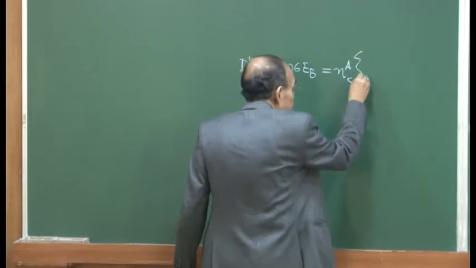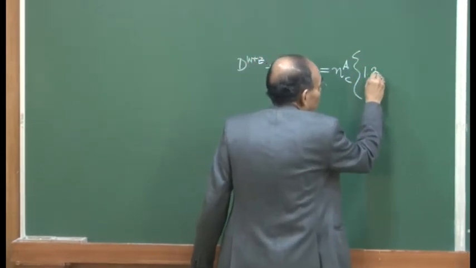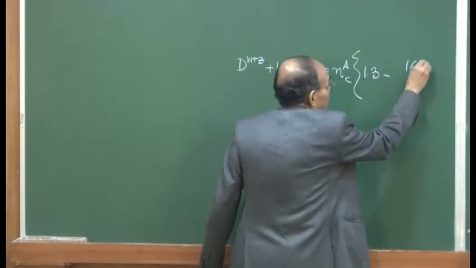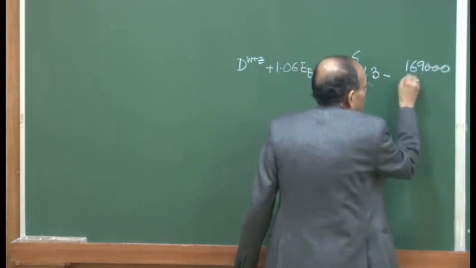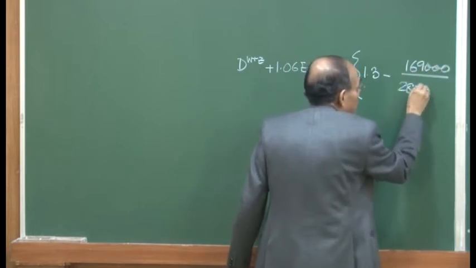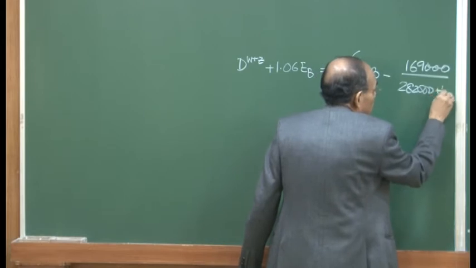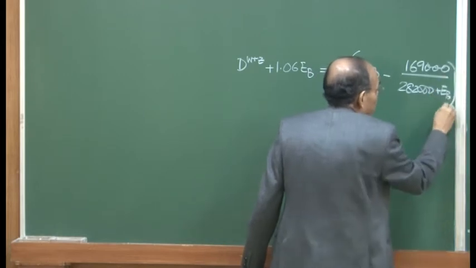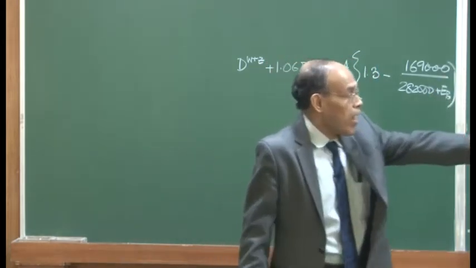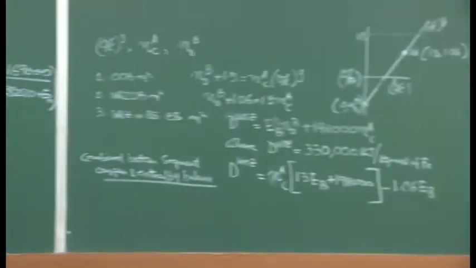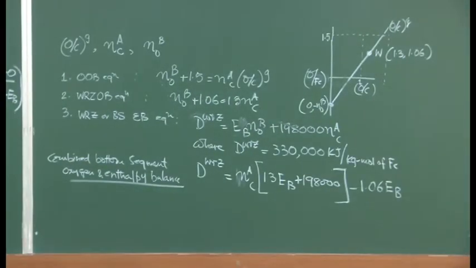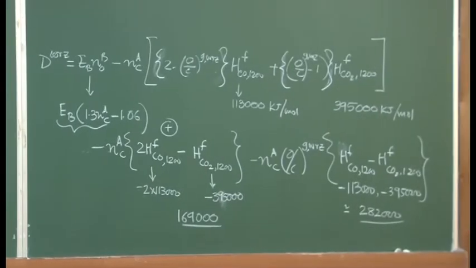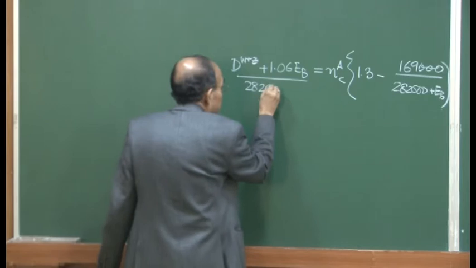If we just manipulate it, this is going to be 1.3 minus 169,000 and then 282,000 plus EB. That is a simple arithmetic exercise. Okay? I have shown where 169,000 has come from, where 282,000 has come from, and that 282,000 term is now here. So, that is.